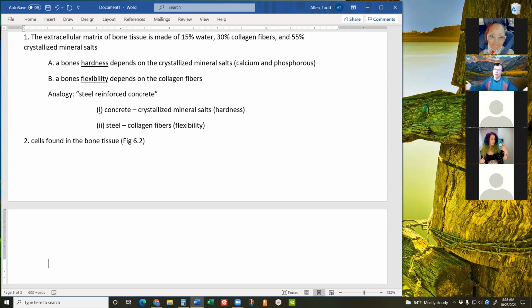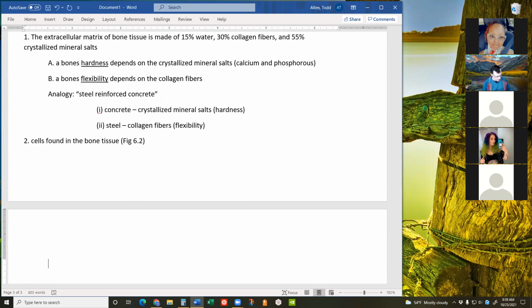And part of those environmental pressures could be things like if last year you didn't do any exercise because you were depressed from COVID, and this year things are starting to get better, so you're back out exercising, that would change the density of your bone, which would change the composition of the extracellular matrix and the population of cells you find in your bones.